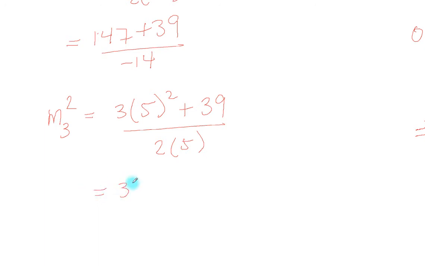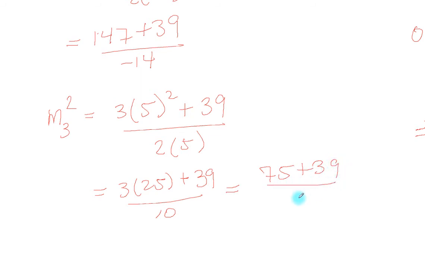So this is 3 times 25 plus 39 over 10. 3 times 25 is 75, plus 39 is 114, over 10.